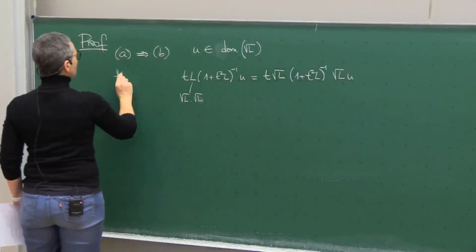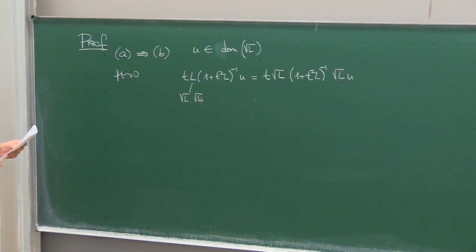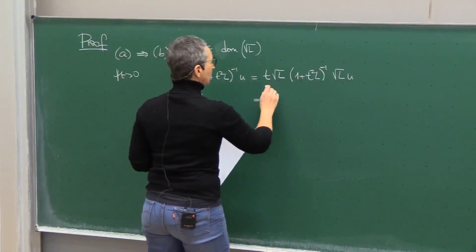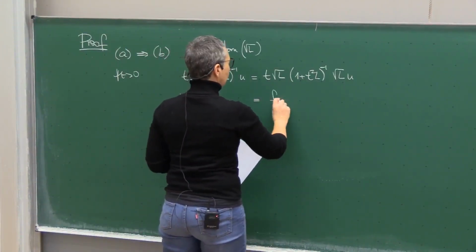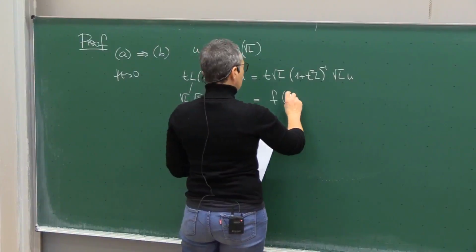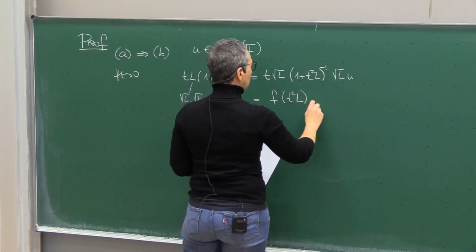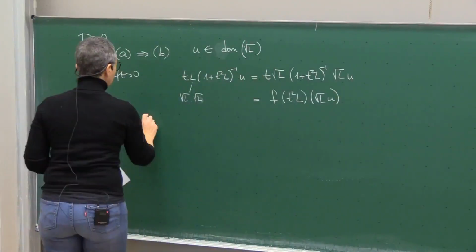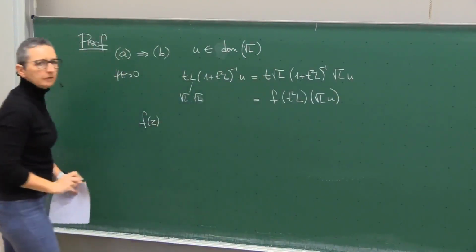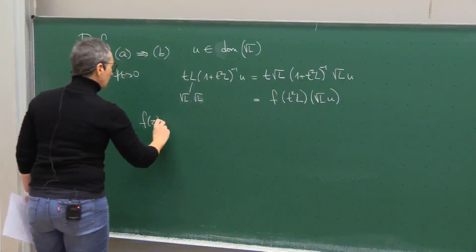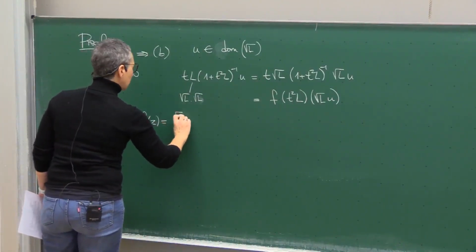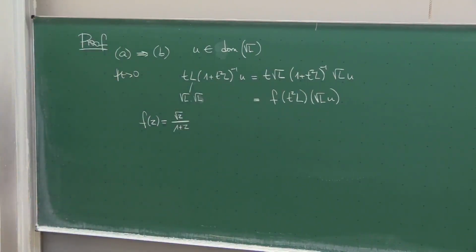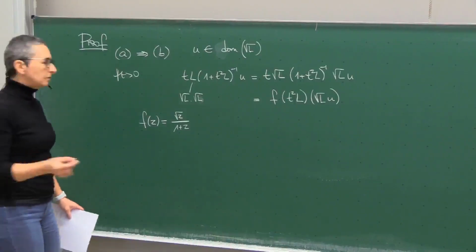So this is for all positive t. And this one, you write it as f of t squared L applied to square root of L u, right? And f here is a good holomorphic function. It's exactly square root of z over 1 plus z. And this one is in the good space, right?